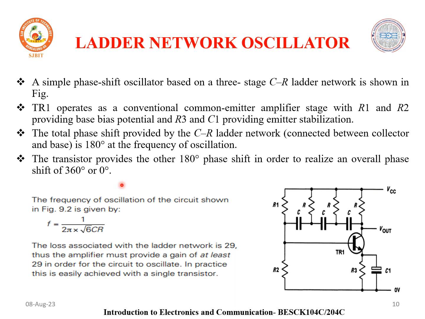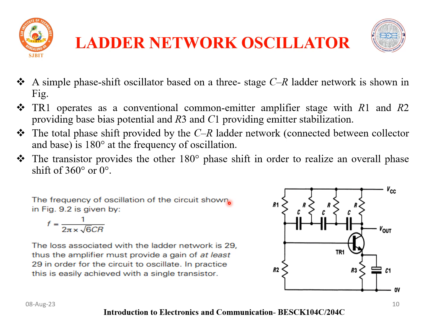The second condition is, if A is the gain of the amplifier and beta is the gain of the feedback circuit, then the loop gain A times beta should be equal to 1. This is also one of the parameters to get sustained oscillation.